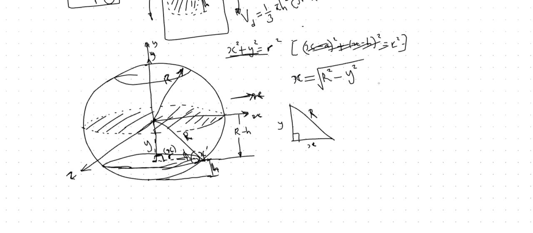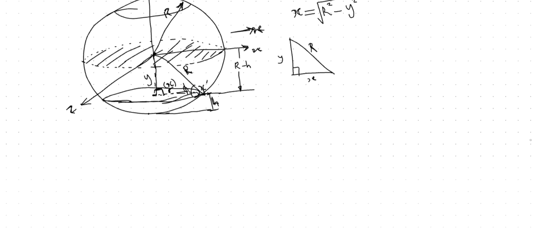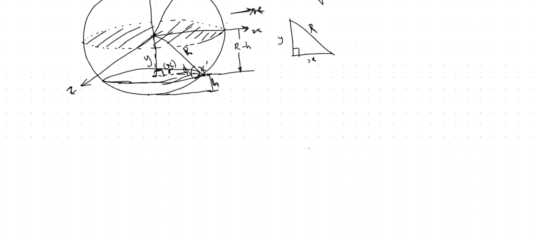Okay, so if that be the case, let's go to our analysis. You know that the volume that is displaced, let's call this small portion here dy, because that's the coordinate system we have, the small portion that went below the water surface.